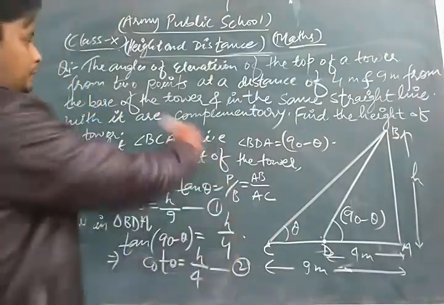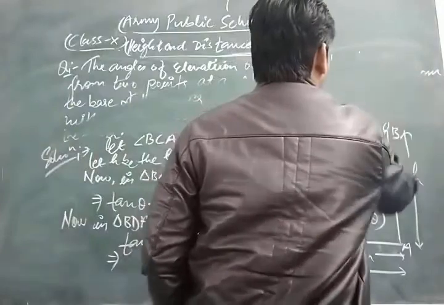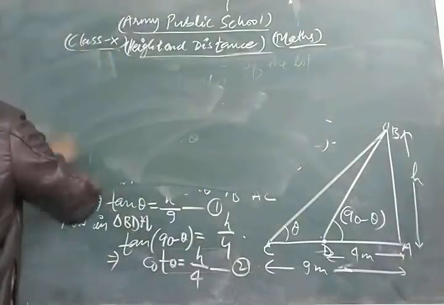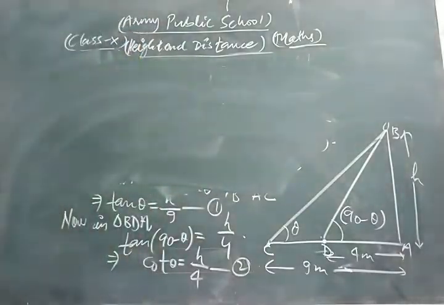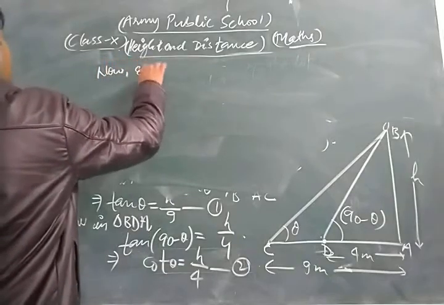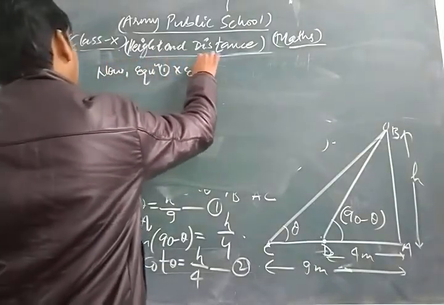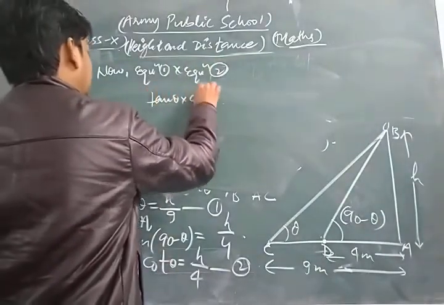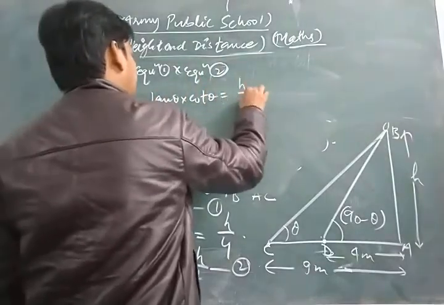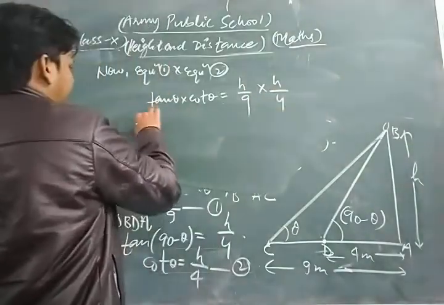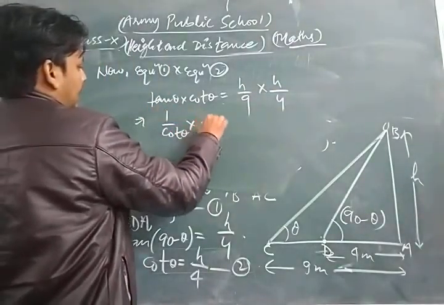Now we multiply equation 1 and 2. Equation 1 multiplied by equation 2, so we get tan theta into cot theta is equal to H upon 9 into H upon 4, and tan theta is 1 upon cot theta, and this is cot theta.